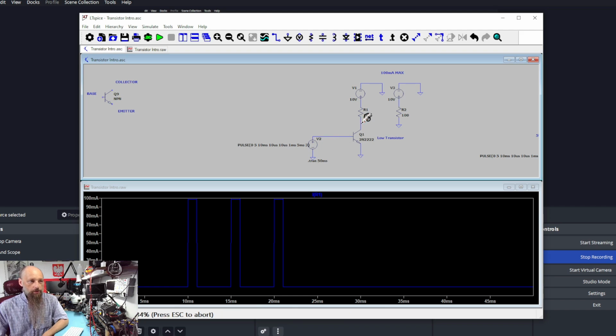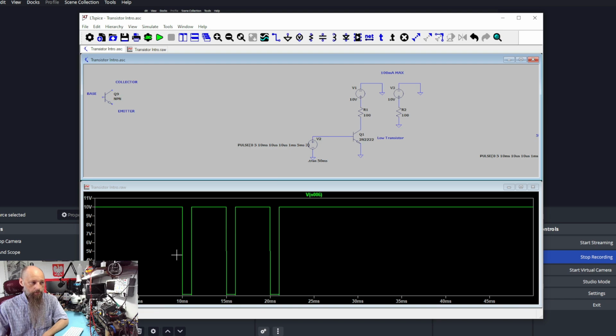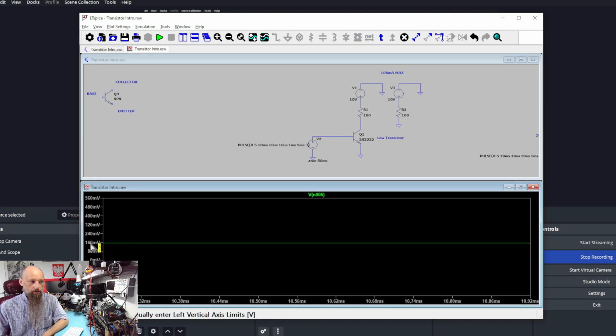Now, if we measure the voltage on the collector of our transistor, we can see that likewise it does not go all the way to 0. If it was an actual switch, the voltage would drop to 0, and thus it would allow the full 100 milliamps to flow through resistor R1.